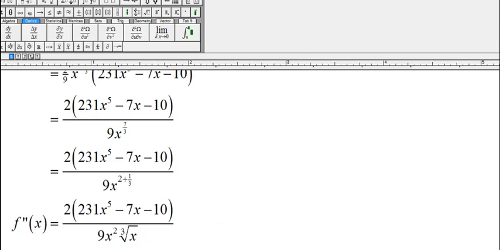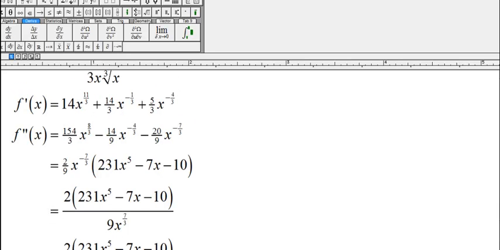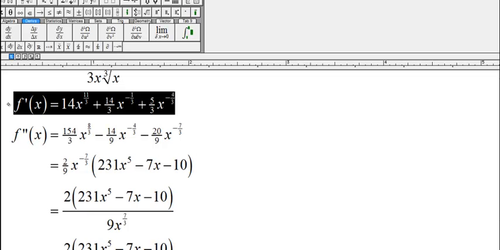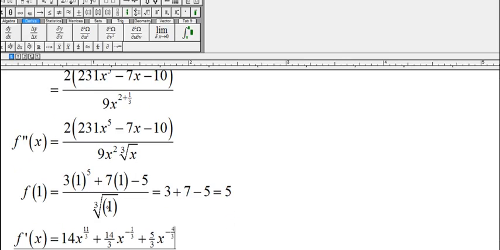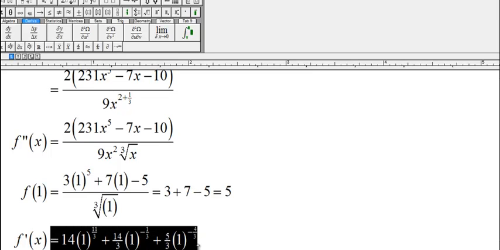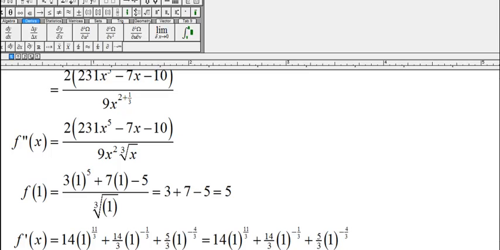Now let's find f prime of 1. Well, this is as good as any to use for f prime. And then plug in the 1 here, here, and here. One thing nice about using 1, doesn't matter what those powers are, they're all 1. 1 to any power is 1. So since they're just multiplying by 1, these things might as well disappear.